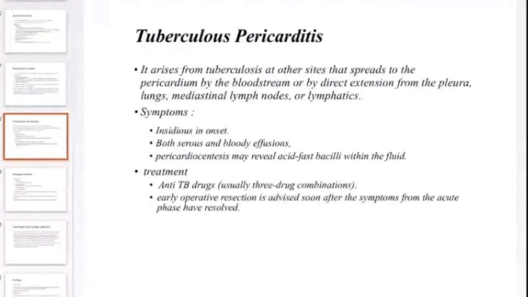The tuberculosis may start in another part of the body and spread to the pericardium by the bloodstream, or by direct extension from the pleura or the lung, or from mediastinal lymph nodes or lymphatics. Any route may affect the pericardium due to tuberculosis, TB pericarditis.